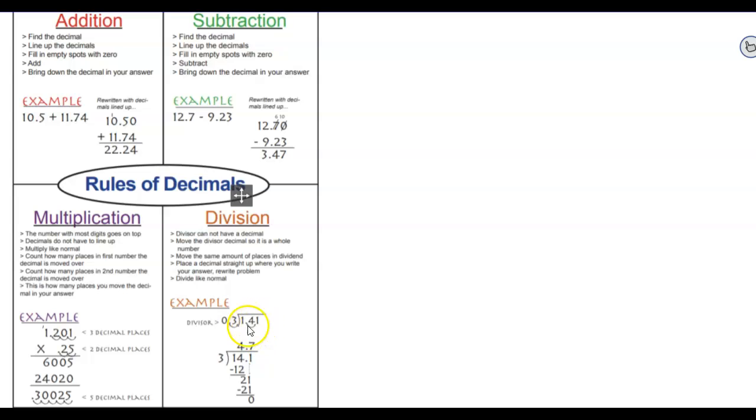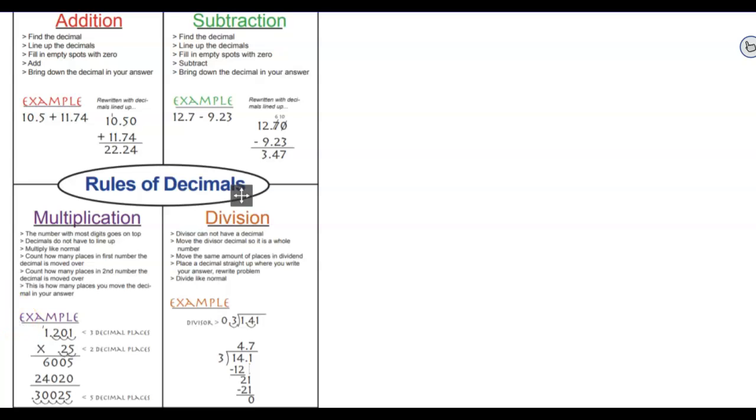So we move it 1 decimal place to the right, which means we've multiplied it by 10, and we can come directly above and go ahead and put our decimal. So it's going to look like this. 3 will go into 14 and 1/10. So you just move it straight up, and then you forget about it, and you divide like normal.